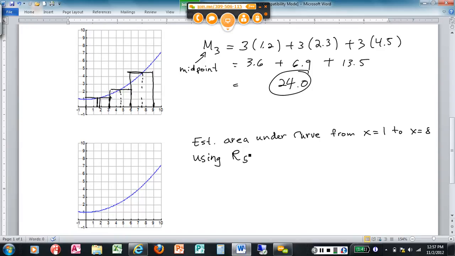So I've changed it up. We're not going from 0 to 9 now. We're just going 1 to 8. And we're using R5: 5 rectangles, right-hand endpoints.